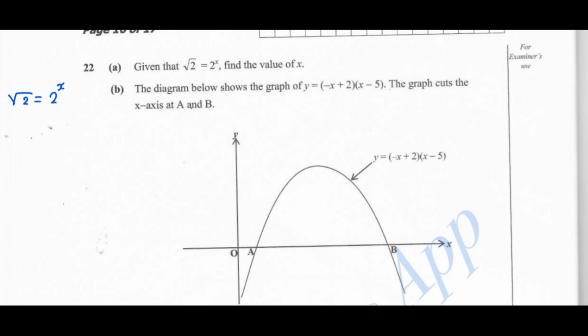We remove the root by writing the half power. So this will be 2 raised to the power half is equal to 2 raised to the power x. Whenever the bases are the same, the powers must equal each other. So x is equal to half.